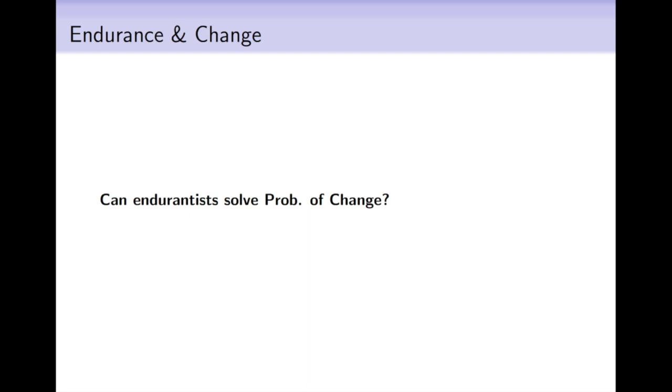So how could they solve the problem of change, or the problem of temporary intrinsics? After all, we still seem confronted with the idea that an ordinary object could exist at two times and would nevertheless be identical, but yet it would appear that it could have different properties at these two times. Now, basically, the various solutions offered by endurantists correspond to different versions of endurantism.